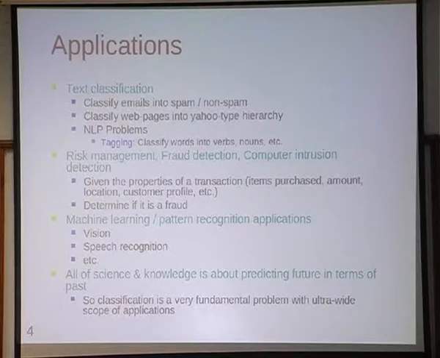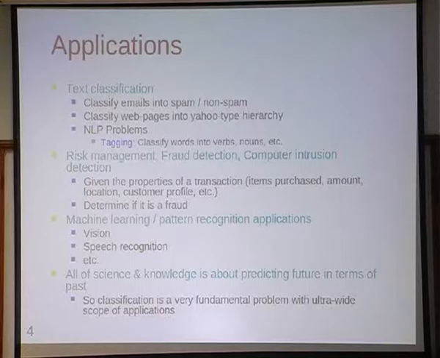Or in terms of credit card transactions, is it the normal user who's using the credit card, or has somebody stolen the credit card and is using it? Or telecom fraud. All these different kinds of fraud can be detected using classification. Then there's a whole lot of applications in machine learning and pattern recognition, and they all use classification type algorithms.